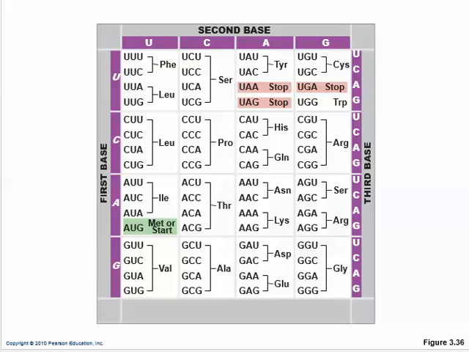There are 20 amino acids, but you can see that there are far more possible codons than that. So oftentimes 4 codons all code for the same amino acid.